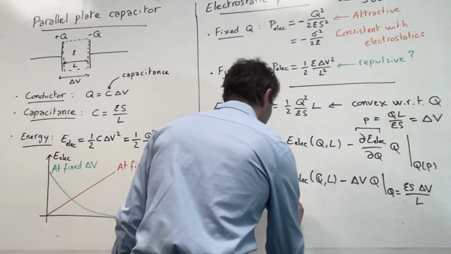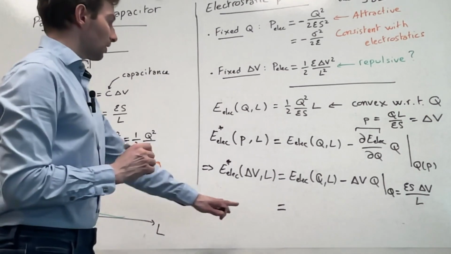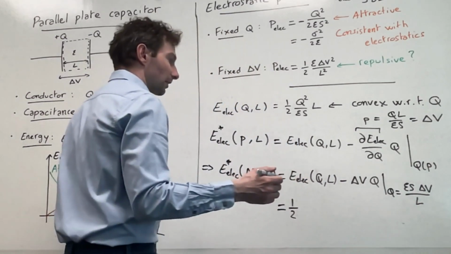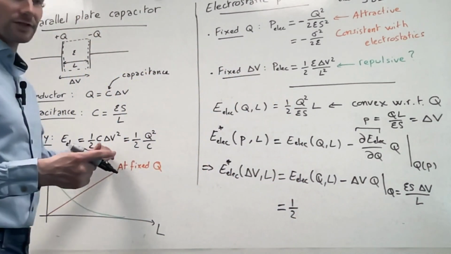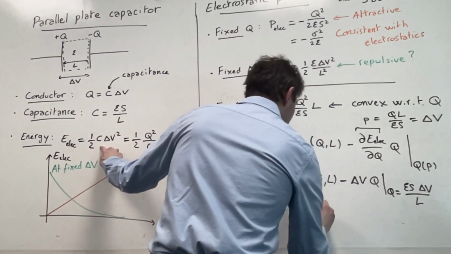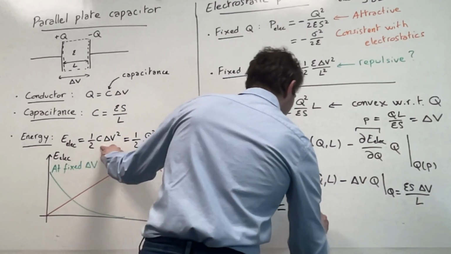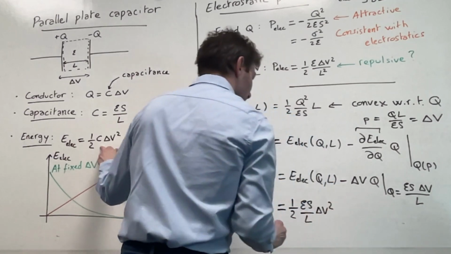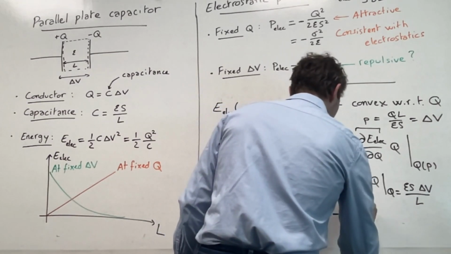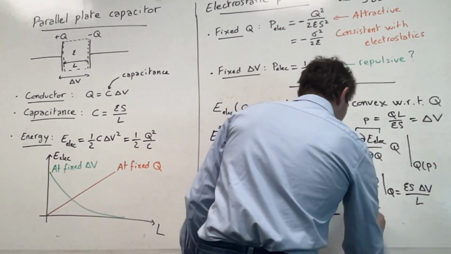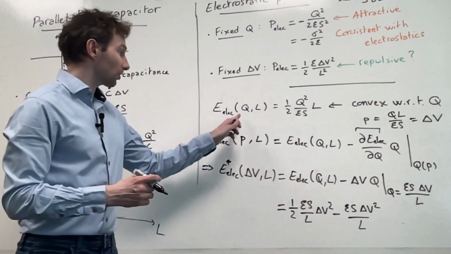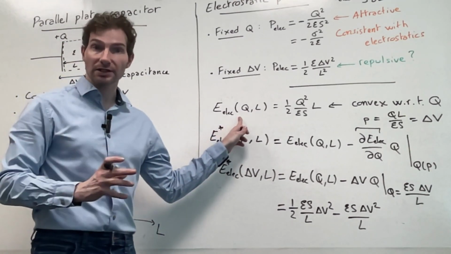So if I do it, then what I get is the expression where we have half. And in fact, here I can directly use C delta V squared. I know this is what I'm going to obtain. And C, this is epsilon S. So epsilon S, and then over L delta V squared, and then minus, and what you're going to see here is that this is epsilon S delta V squared over L, and therefore the actual Legendre transformation of this function, which is the real one that captures the physics.